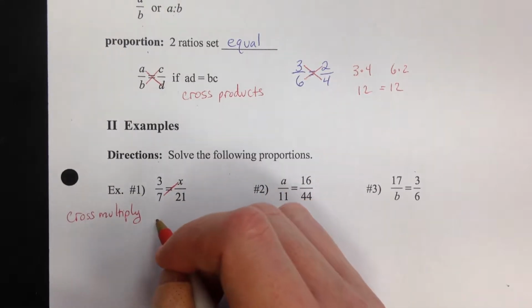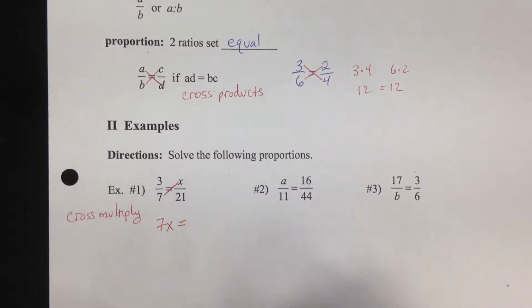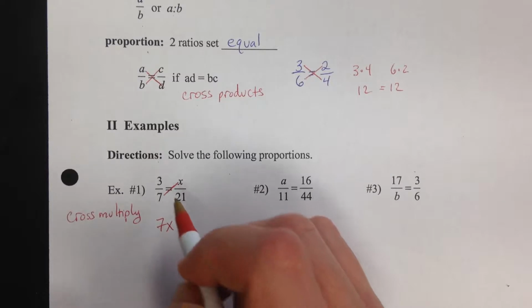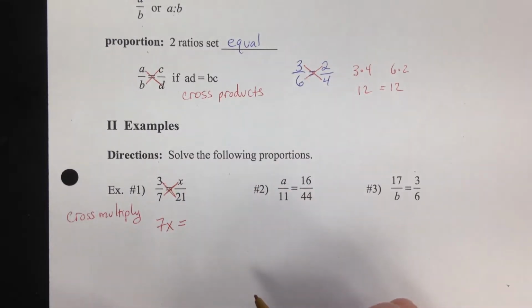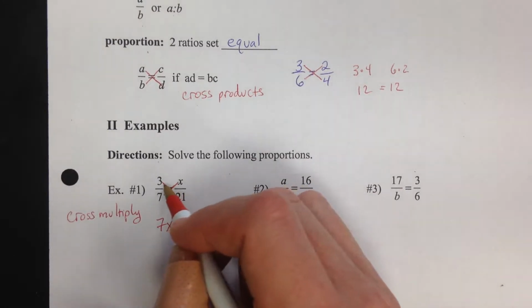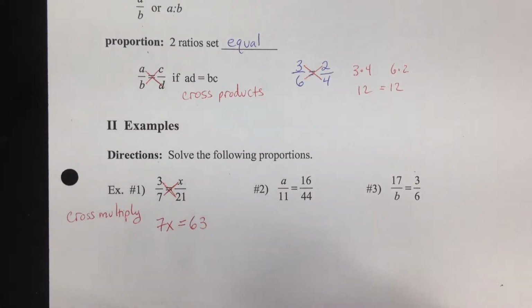So I'm going to write that as 7x equals. A proportion is just an equation, so you do have to have equals, and then the other thing we'll multiply is 3 times 21. You can write down 3 times 21 and work that out, or we can just do the multiplication now and say that is 63.